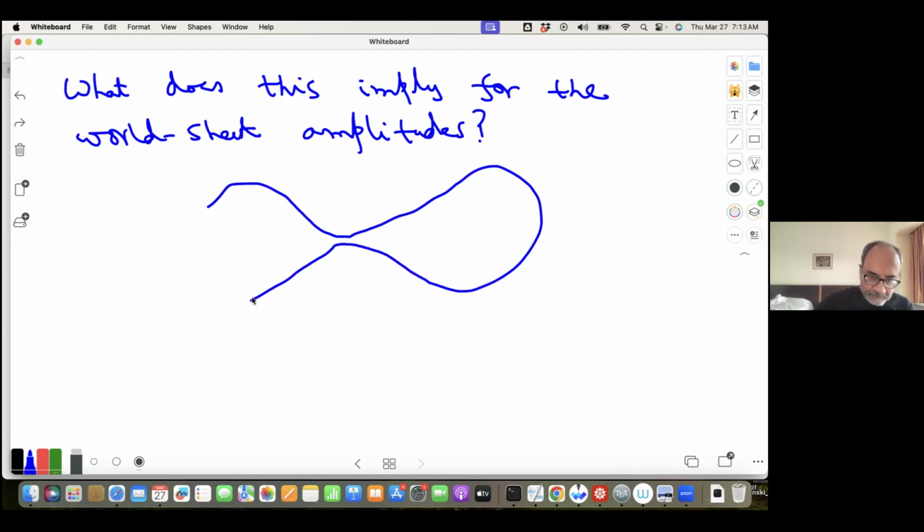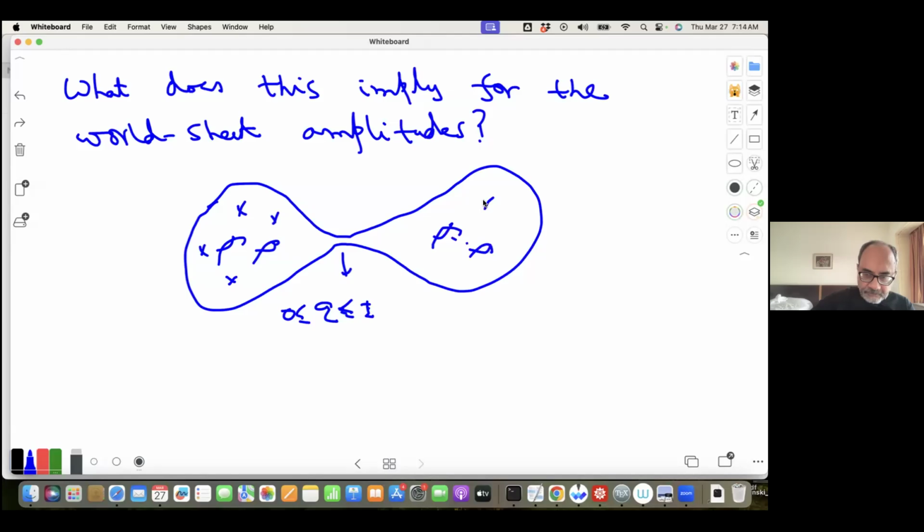That Feynman diagram contribution is representing a degeneration of this kind, where the corresponding Q is going from 0 to 1, because that's the way you represent the propagator in the worldsheet. And here there may be holes, vertex operators, and similarly here. So the idea is that the full contribution near Q equal to 0 should behave as if it's the product of this amplitude and this amplitude.